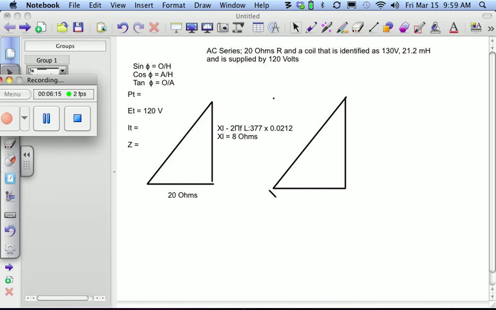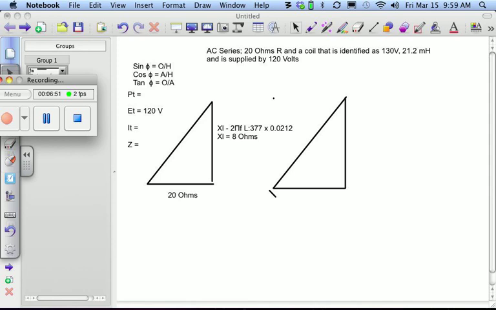What is the circuit current? We need to find the current, don't we? We know our impedance, or do we? No, we don't. But now we have the cosine of this angle, which is 0.9284. And that's equal to A over H, right? Which one of those do we know? Do we have the A? We do, right?